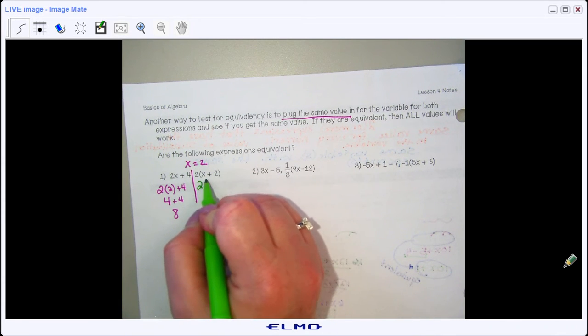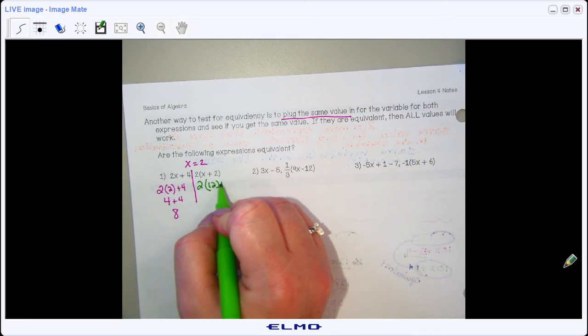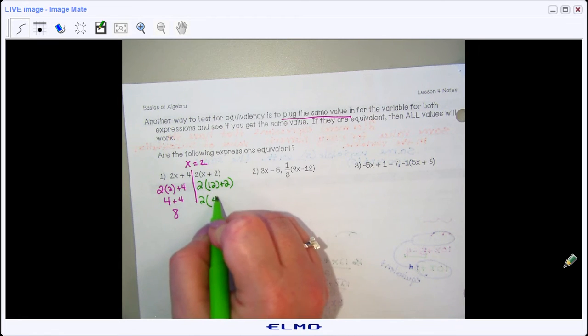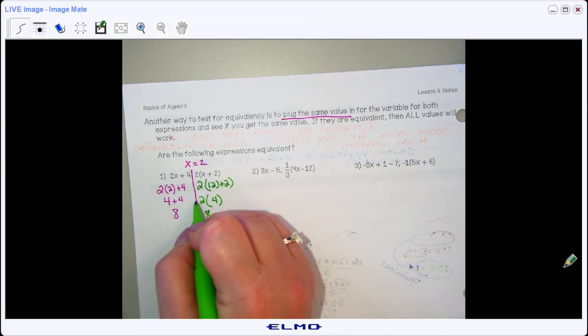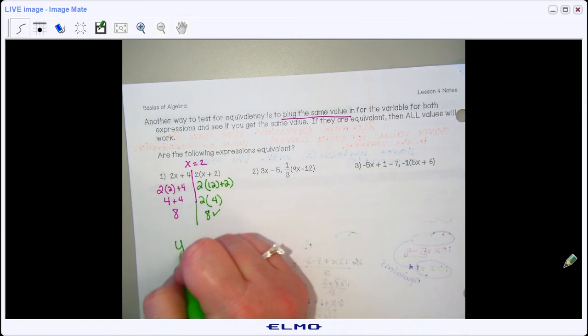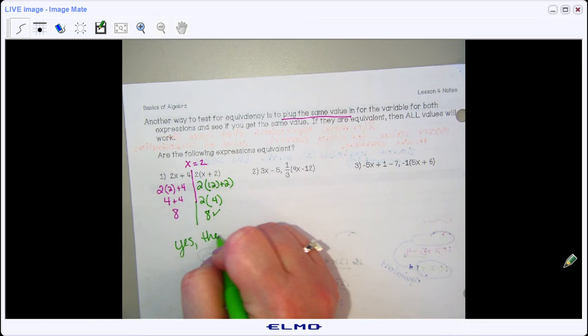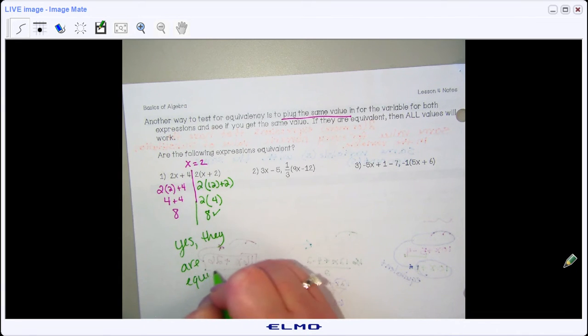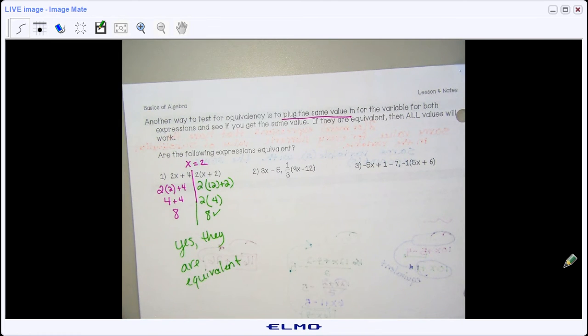Over here, I'm also going to plug in a 2 for x. So within my parentheses, 2 plus 2 gives me 4. 2 times 4 gives me 8. So yes, they are equivalent. When I plug in that number, I get the same value back.